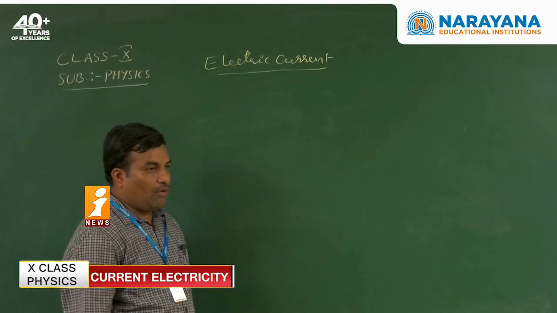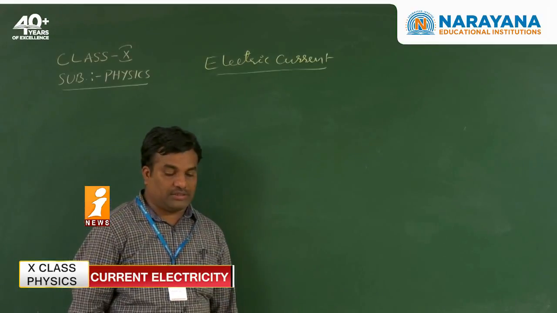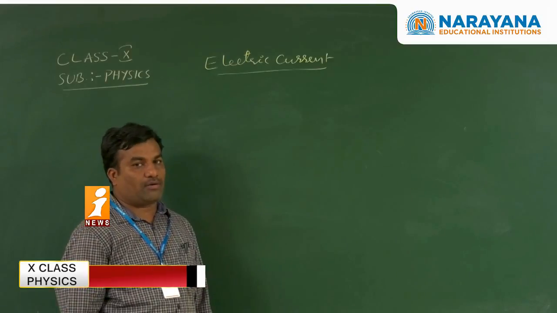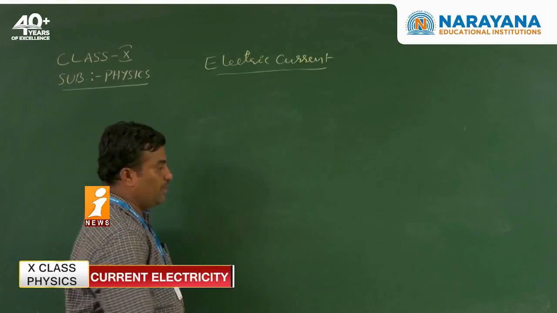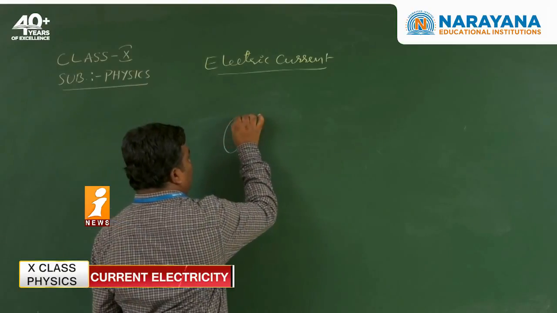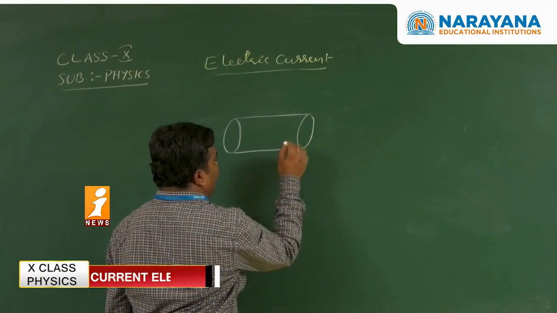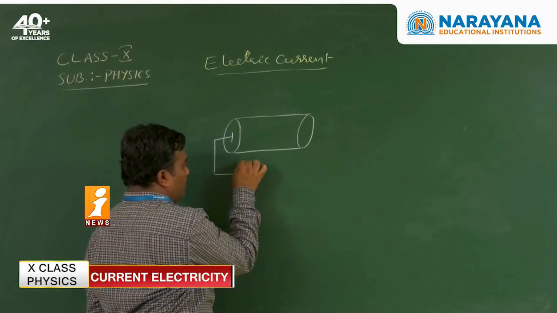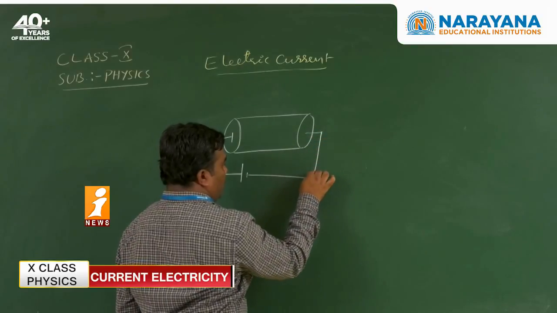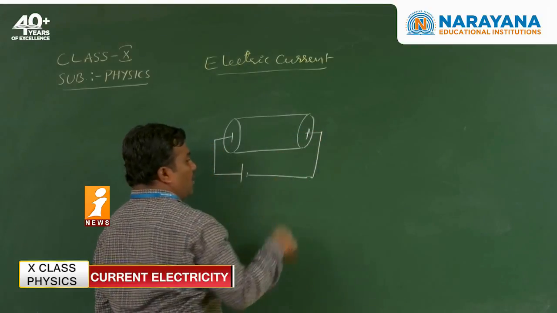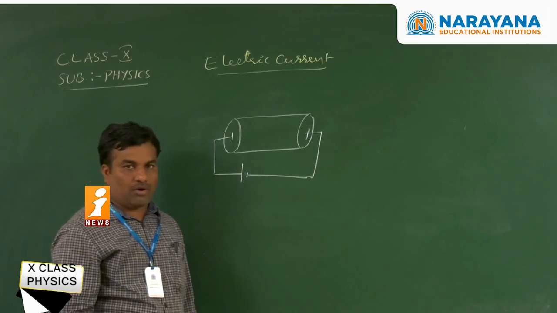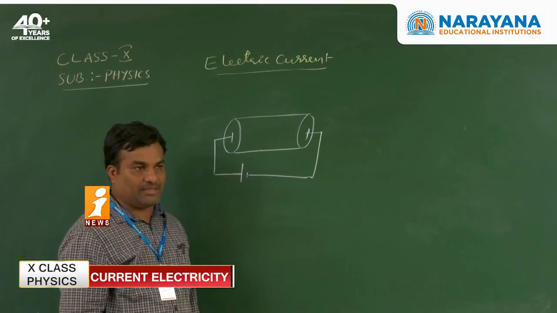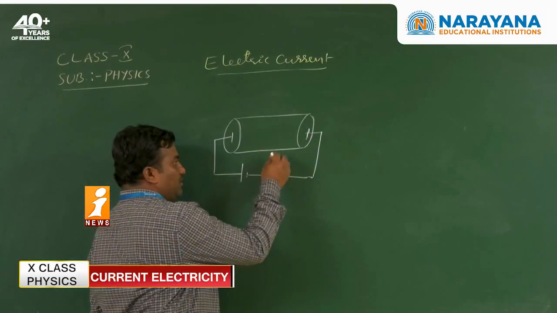Electric current is over. Now we discuss why electrons move in a specific direction. This is a conductor, and the conductor ends are connected with battery terminals. The randomly moving electrons maintain an order of motion due to the electric field applied.